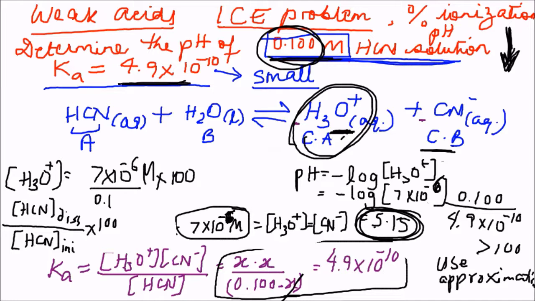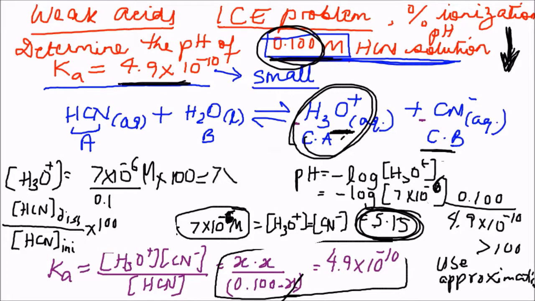So on my calculator, I'm going to plug in 7 times 10 to the power of negative 6 divided by 0.1, and that gives you 7 times 10 to the power of minus 5 as your final answer.